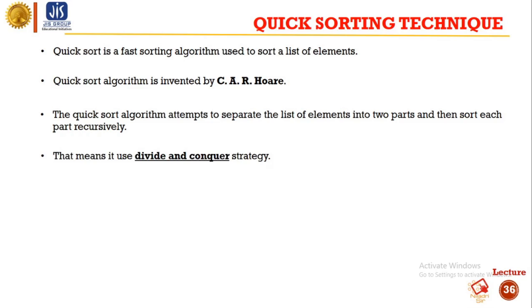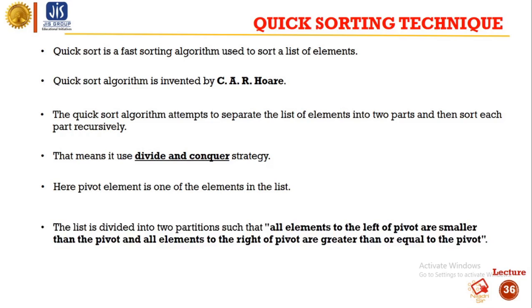That means it uses the divide and conquer strategy. Here the pivot element is one of the elements in the list. The list is then divided into two partitions such that all elements to the left of the pivot are smaller than the pivot and all the elements to the right of the pivot are greater than or equal to the pivot.